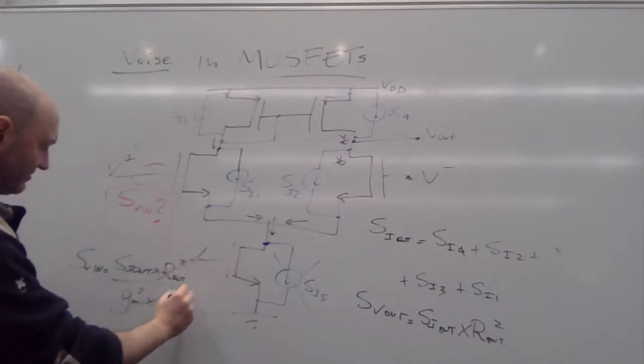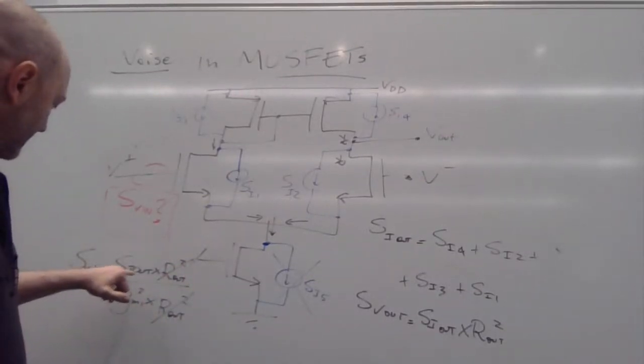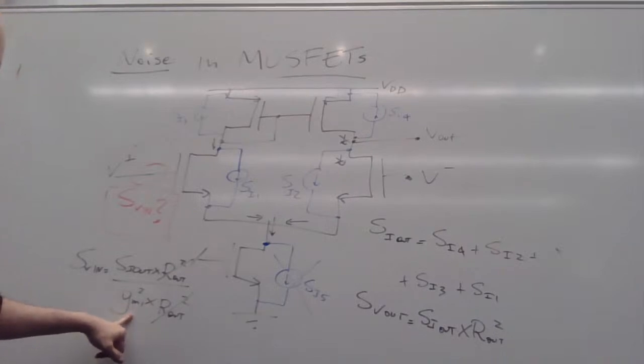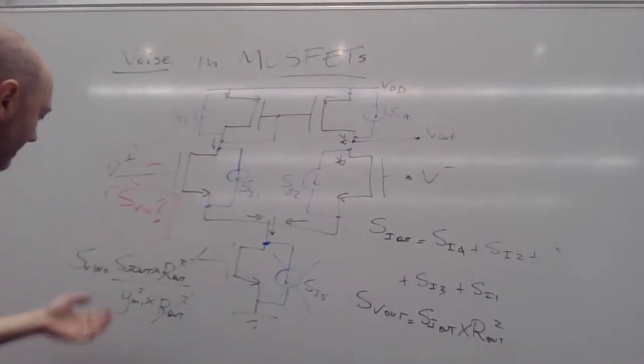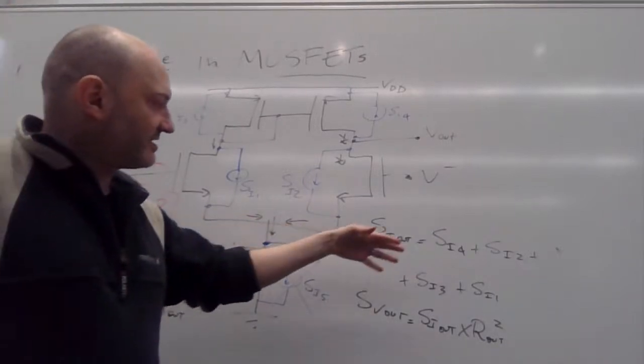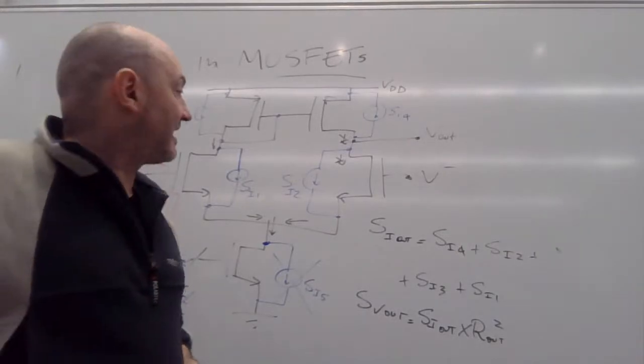You see then R out and R out cancel out, and we are left with SI out divided by GM1 squared. So we can now consider every individual contribution there and see what comes out.